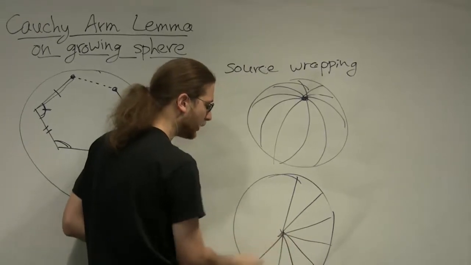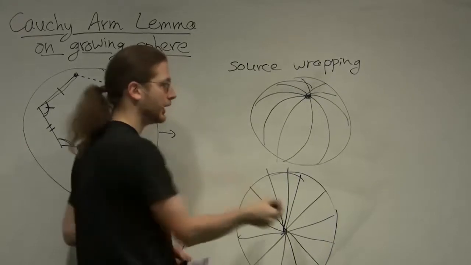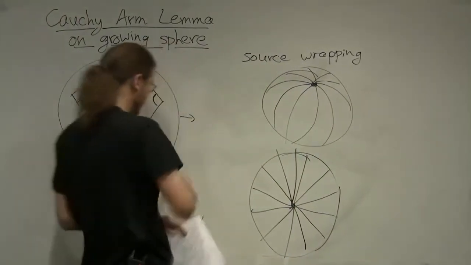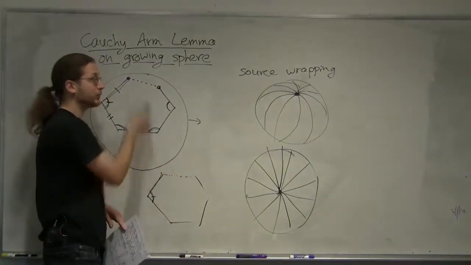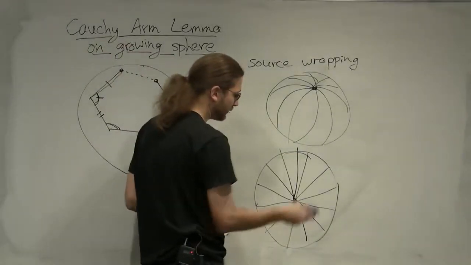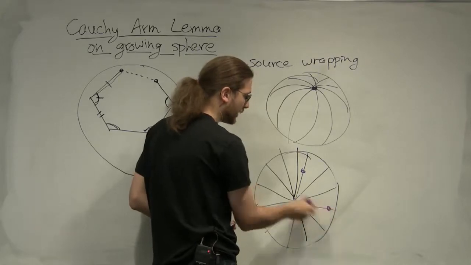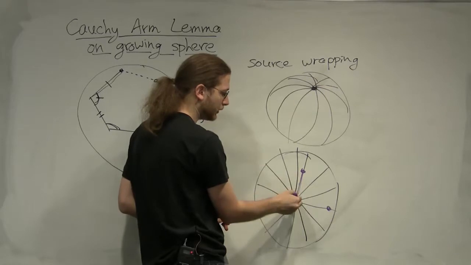So what I need to show is that between every pair of points, the distance decreases when I go from flat to sphere, which is exactly what happened over here. I went from flat to the sphere. This distance decreased. So that's how it's going to be useful. If I take two points, like say this point and this point, any two points, they live on one of these spokes that goes to the center.